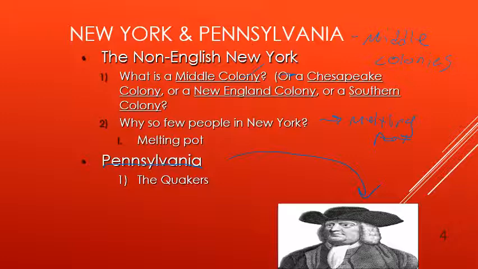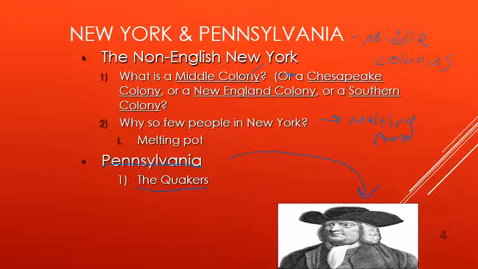Remember, typically, this was something that only happened for the people that were in the favor of the king. But they don't really like William Penn. They want him out of their hair. So they say, hey, why don't you take your religious Quakers, and you guys go start a colony over in the New World. So he takes advantage of that opportunity, and he goes ahead and starts the colony of Pennsylvania.